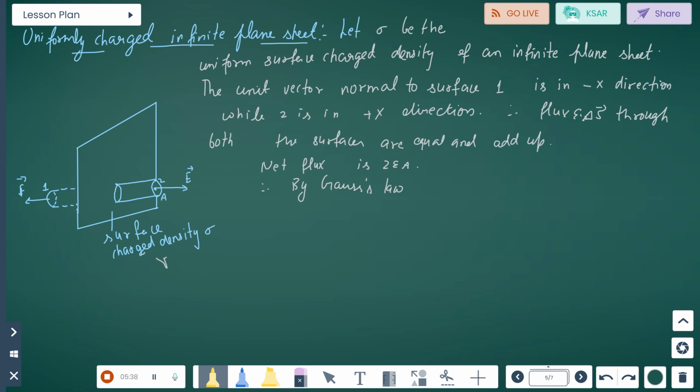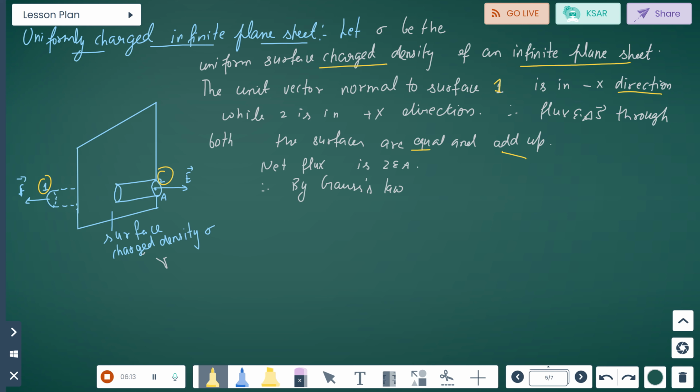The next is uniformly charged infinite plane sheet. Here we have a plane sheet. Let sigma be the uniform surface charge density of an infinite plane sheet. The unit vector normal to the surface 1 is in minus x direction, while surface 2 is in plus x direction. Therefore flux E dot ds through both the surfaces are equal and add up.